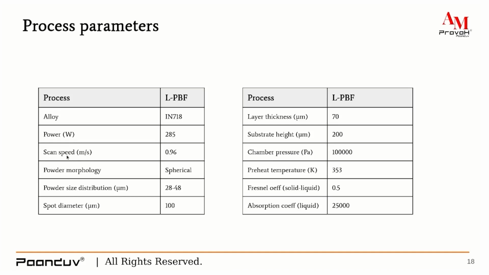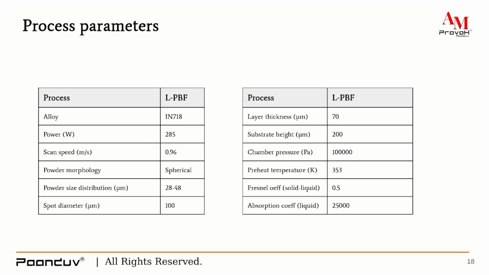If you decrease the scan speed, meaning the laser is moving very slowly, then the heat source will be more concentrated at one location. That will also contribute to more heat. So if one is increasing, the heat source is increasing, and if one is decreasing, the heat source is increasing. So we have to take the optimum trade-off between both parameters so that we can get our optimal build.